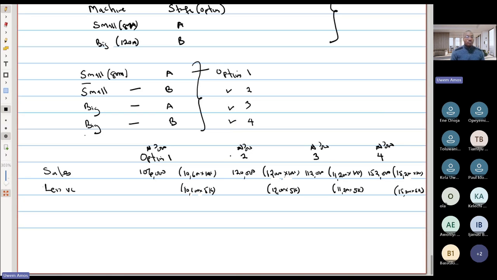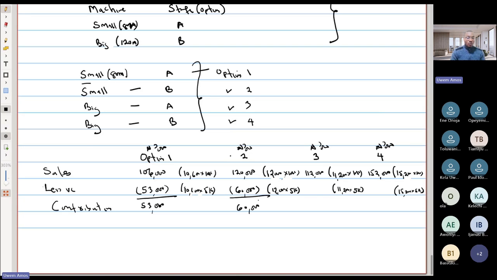That would basically be half of it. So 106,000 divided by 2 is 53,000. Our contribution would be 53,000. This is 60,000 because that's half.